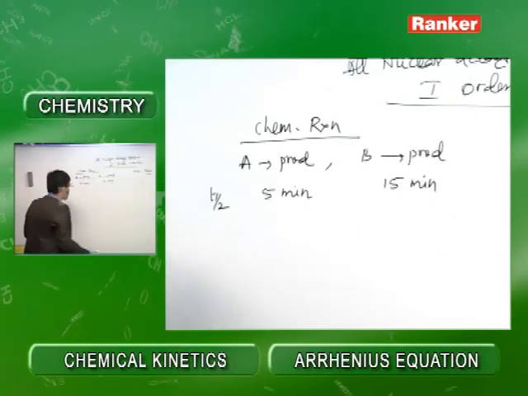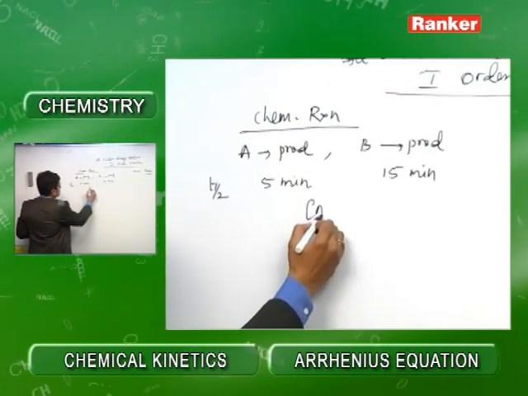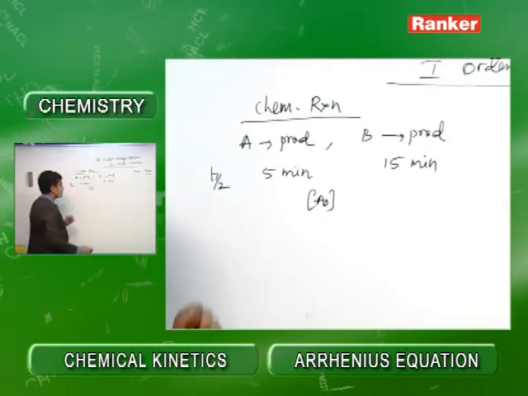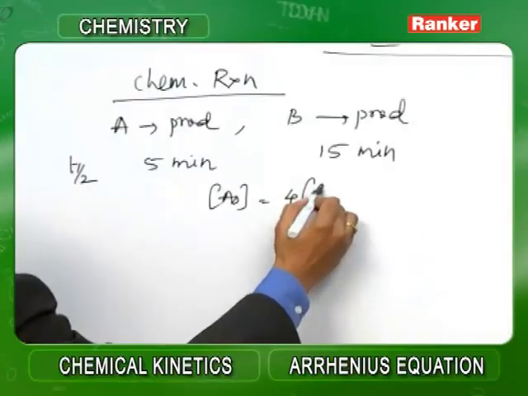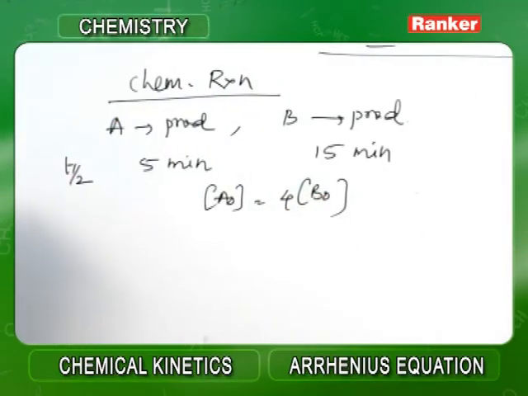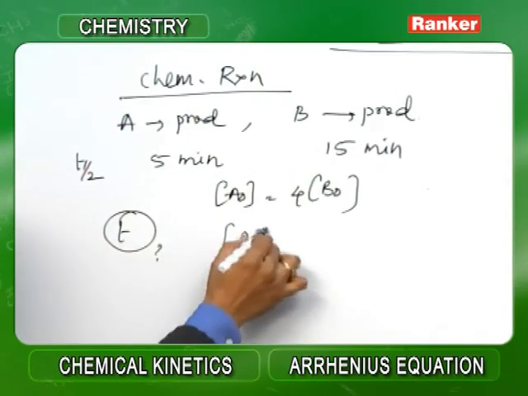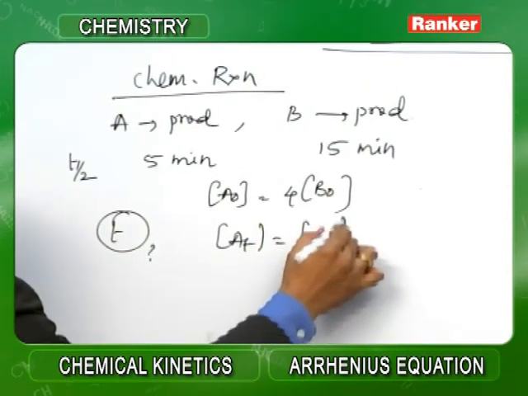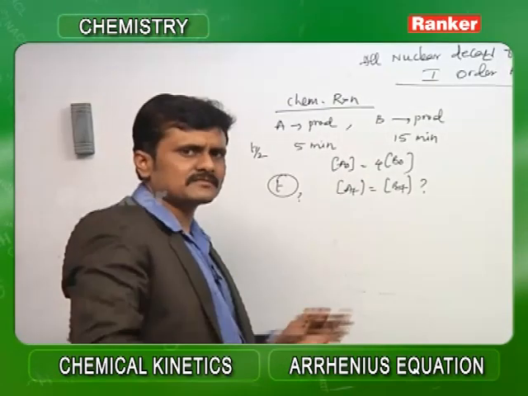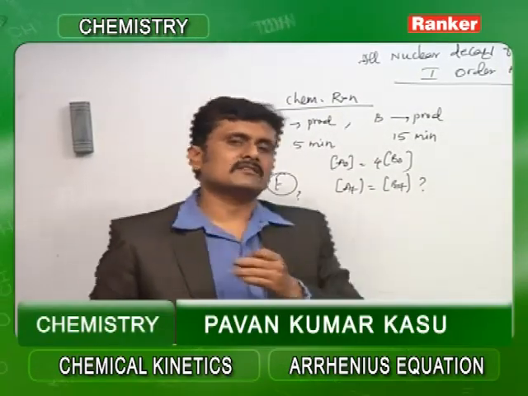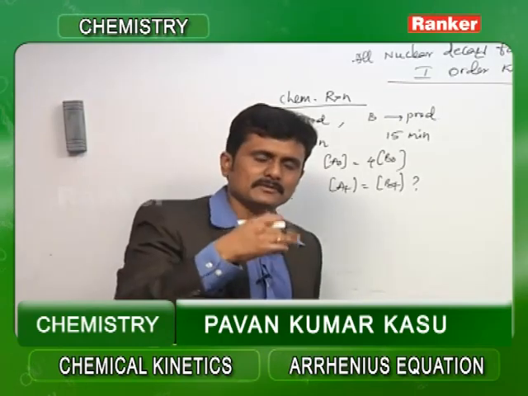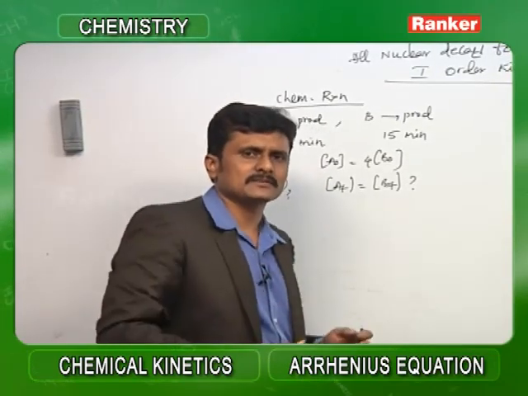It's also given that the initial concentration of A is 4 times the initial concentration of B. Then the question is, at what time does the concentration of A become equal to the concentration of B. When such questions are asked, instead of relying on the equations, if you depend upon the concepts, it will be pretty simple for you.